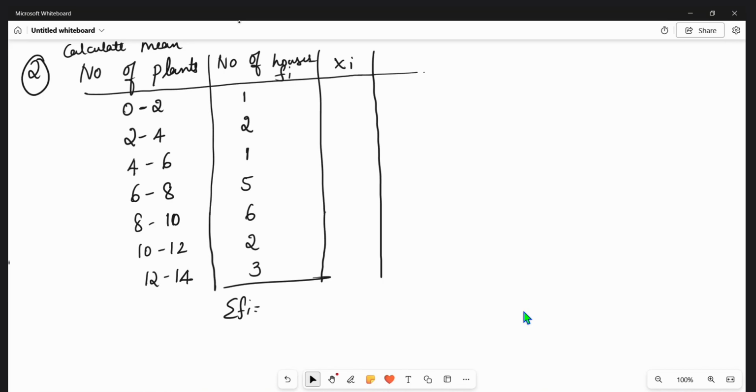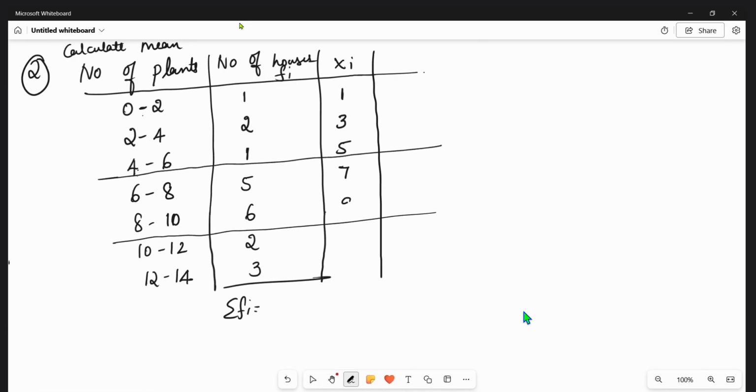So xi, what is the answer you are getting? Here, average of these two. Your first one it is 1, next one will be 3, after that 5, 7, 9, 11, 13.